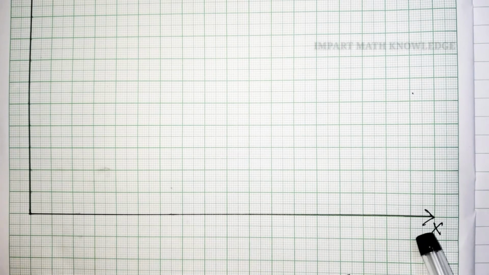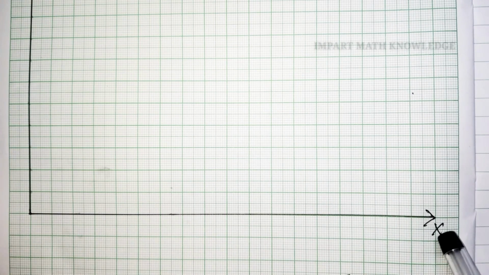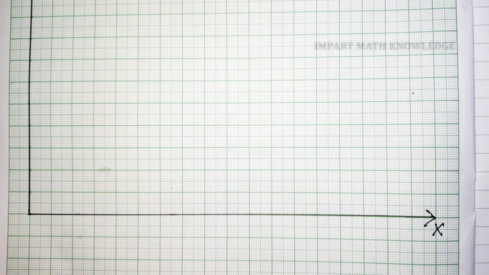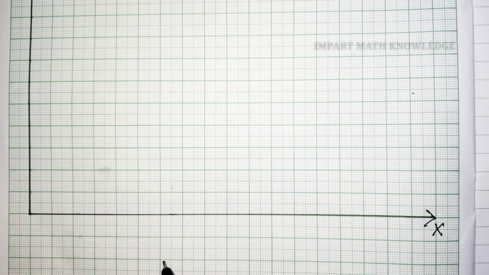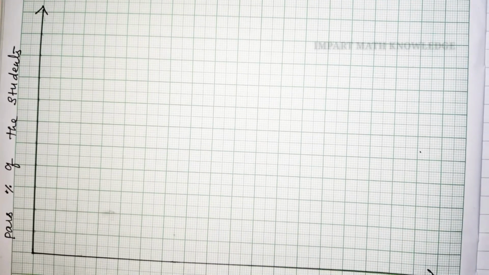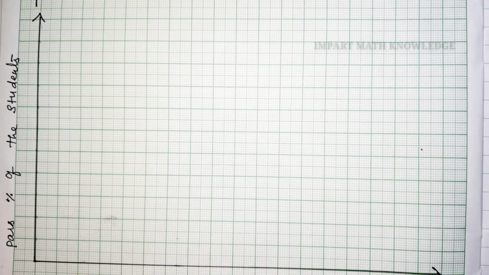First you draw horizontal line. Horizontal line denotes x-axis. This x-axis represents year. Vertical line denotes y-axis and y represents pass percentage of the students. In the given data, maximum value is 90.